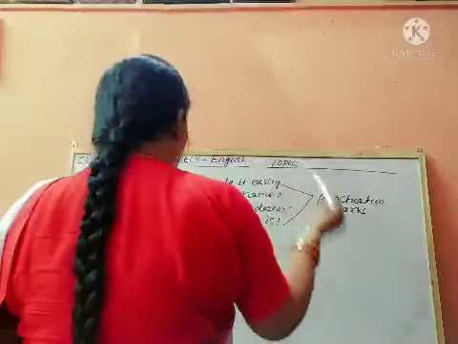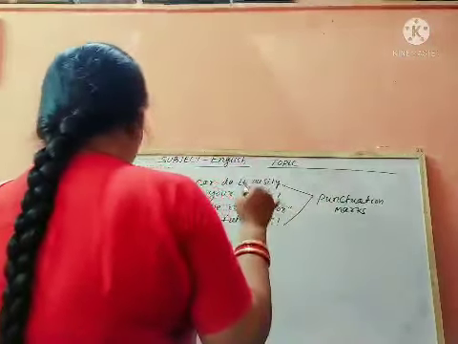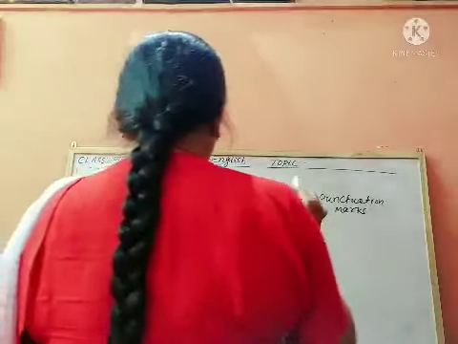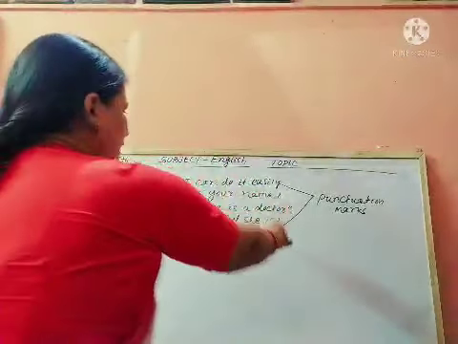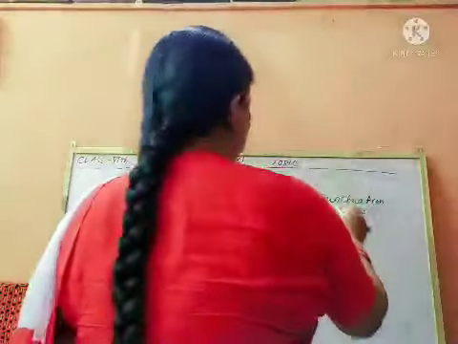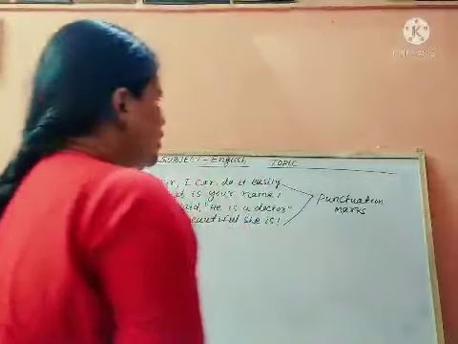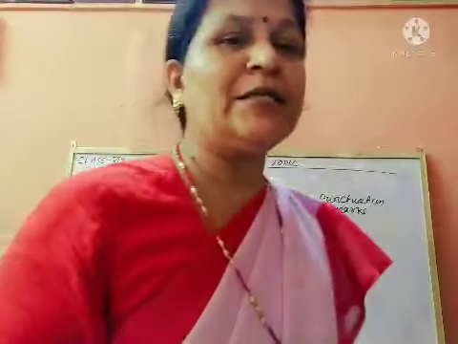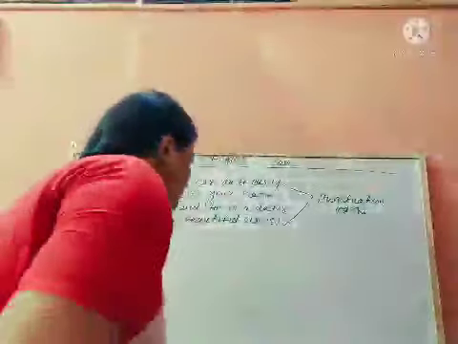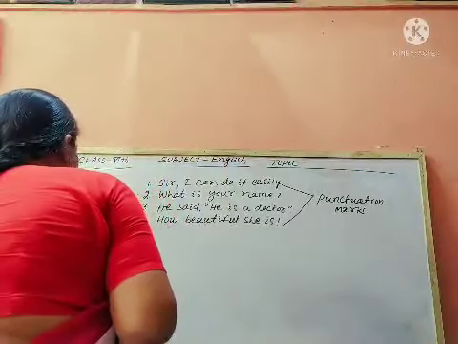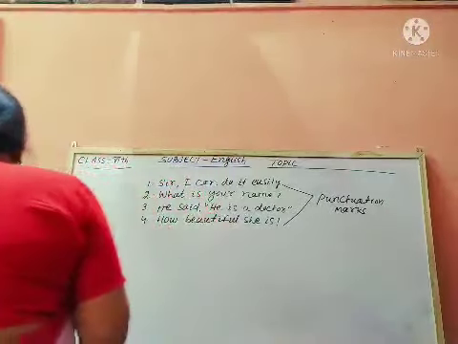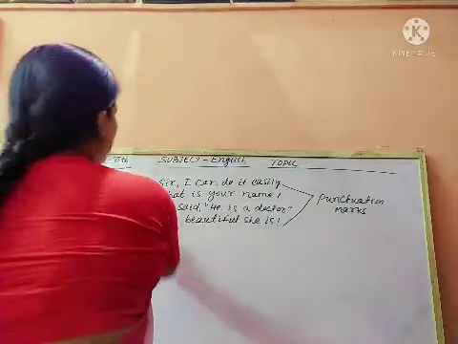So from these examples we know that in every sentence punctuation marks are used and punctuation marks are necessary. So what are the punctuation marks? The first punctuation mark is full stop.